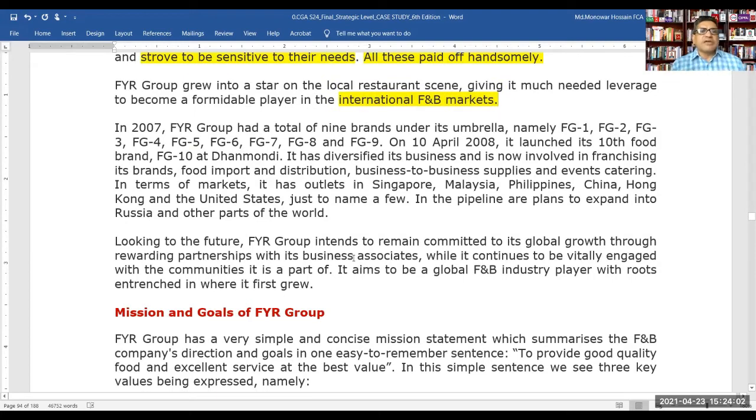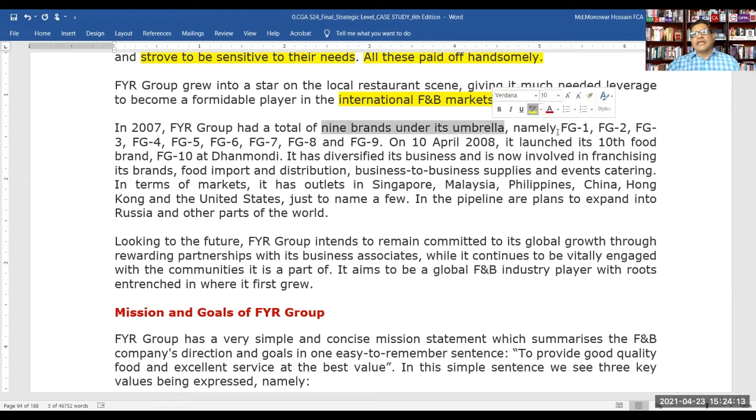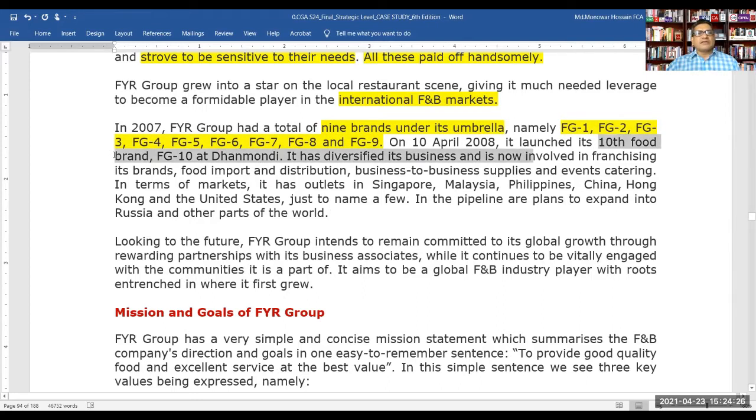In 2007, FI Group had a total of 9 brands under the umbrella, namely FC1 to FC9. On 10 April 2008, it launched its 10th food brand, FZ10, at Dhanmondi, Dhaka.